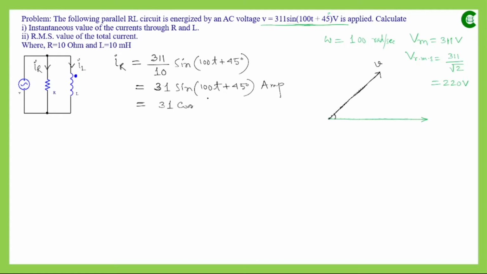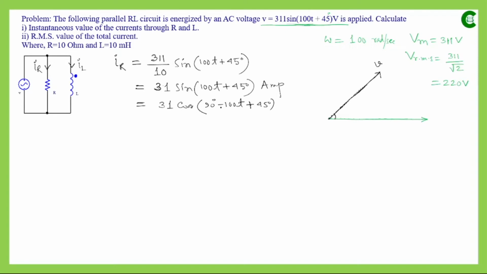If we assume the whole angle as theta, then it will be 90 degree minus omega t that we have seen, and with that there is a phase lag, so it can be written as 90 degree minus 100t, then with that there is a phase difference which is 45 degree.